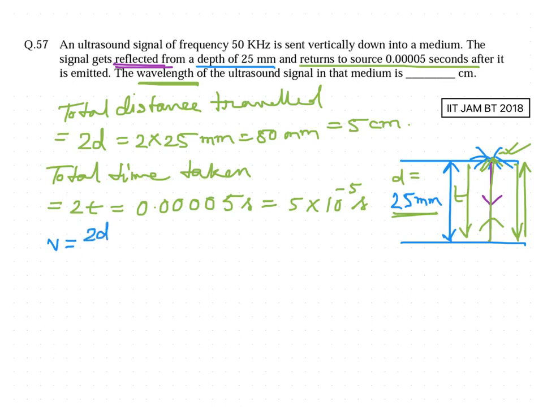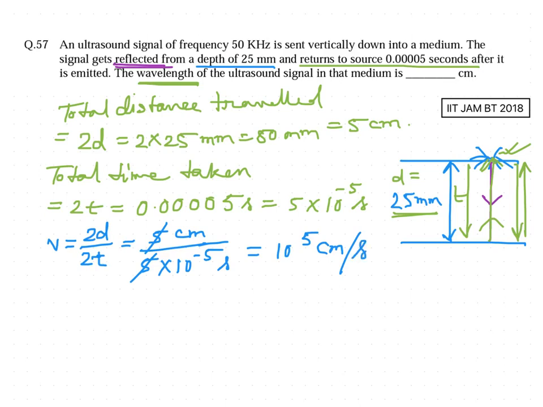That is 2d by 2t, that is 5 centimeter divided by 5 times 10 to the power minus 5 seconds. Okay, that means here 5 and 5 cancels out and we are left with 10 to the power 5 centimeter per second. So the velocity of the signal in that medium is 10 to the power 5 centimeter per second.